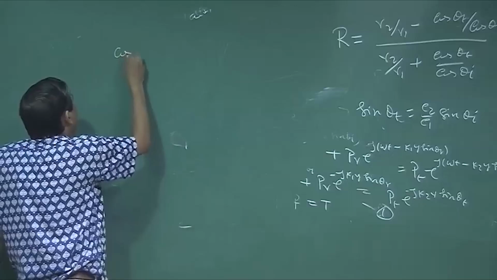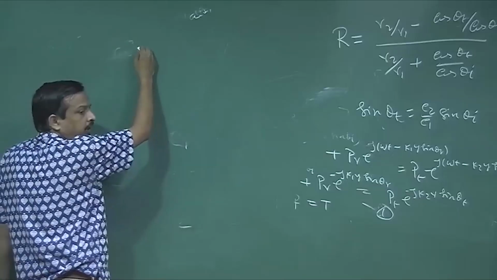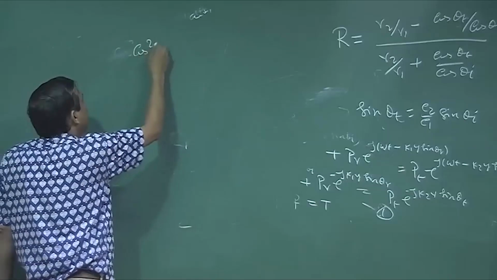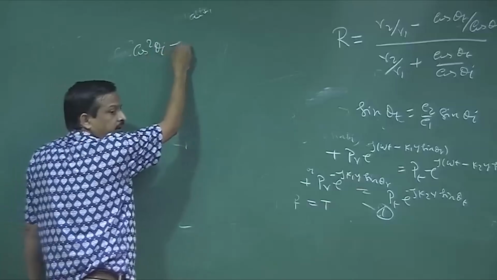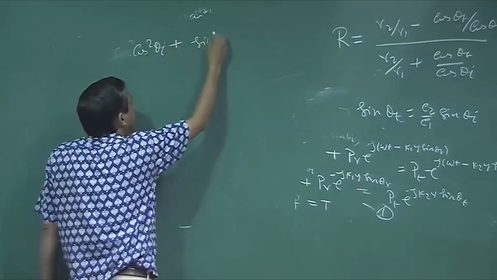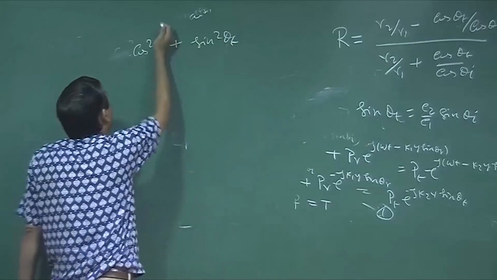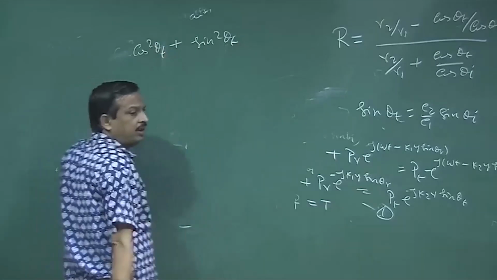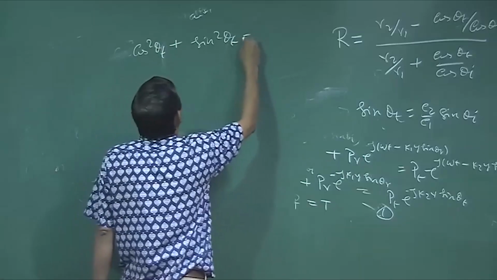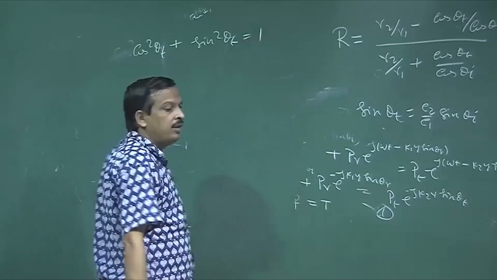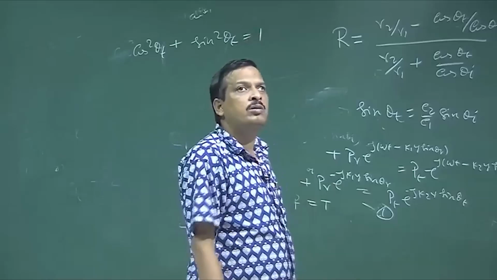If we say cos square theta I plus sin square theta t, or I can say cos square theta t plus sin square theta t, is equal to cos square theta plus sin square theta, which is equal to 1.